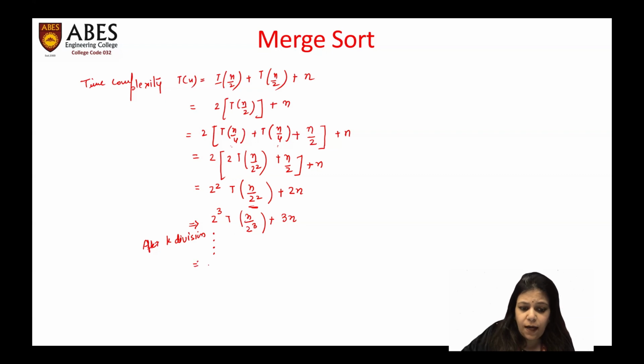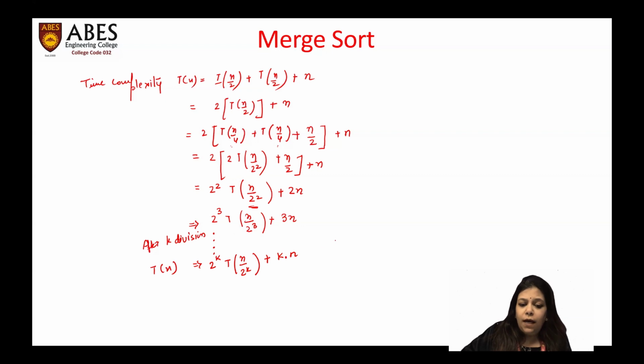So we can say that T(n) will become 2 raised to the power k T(n upon 2 raised to the power k) plus k times n.